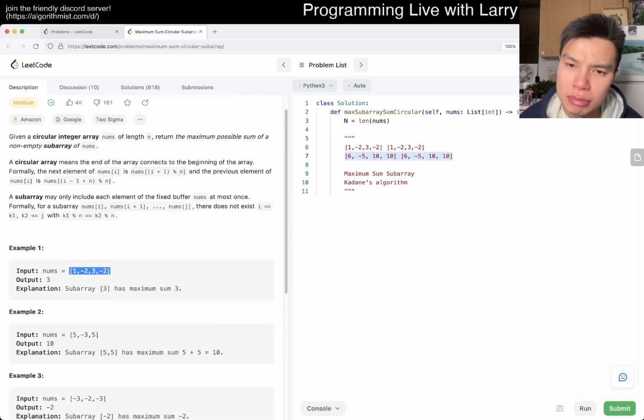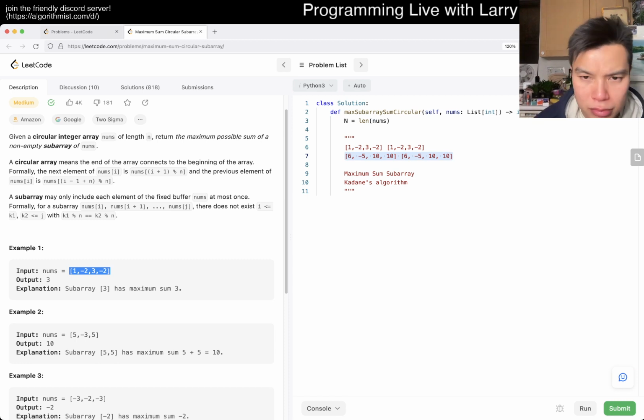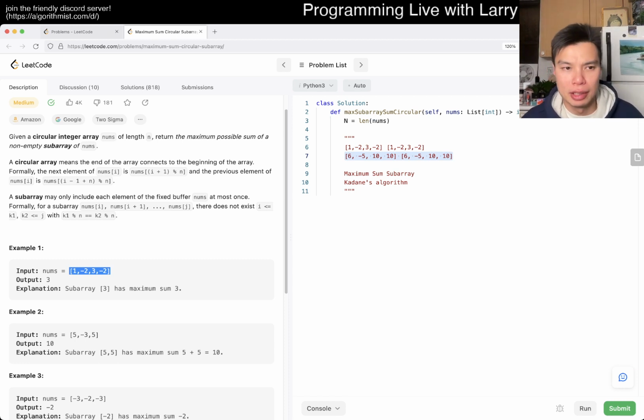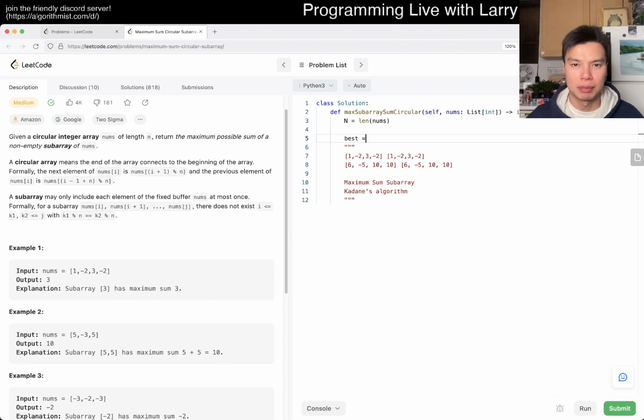And of course, you don't want to do it in a way such that you make it n squared, and I don't think we need to. Okay, I'm still trying to think about it. So best is, at the very least, you can take one number, so that's our default answer.